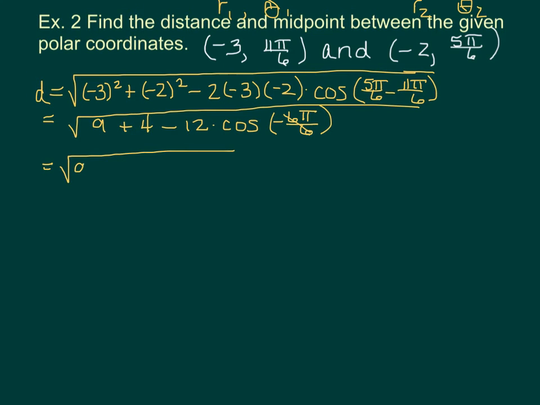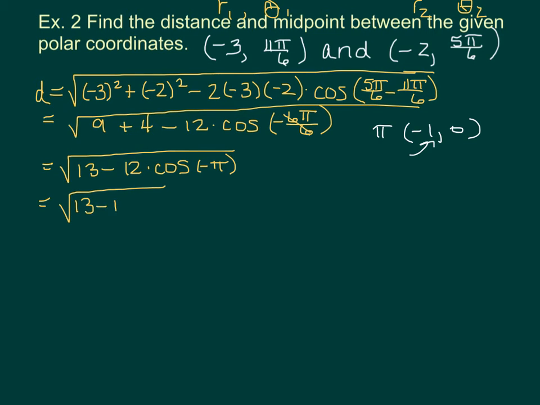So far I have 9 plus 4, which is 13, minus 12 times cosine of negative pi. Alright, cosine's coordinates, remember, pi's coordinates are negative 1 and 0. We need cosine, which is negative 1. So that'll be 13 minus 12 times negative 1, which makes it a positive 12, which makes it square root of 25, which is a nice one because that's a perfect square.